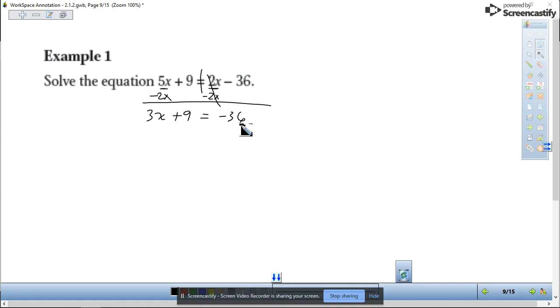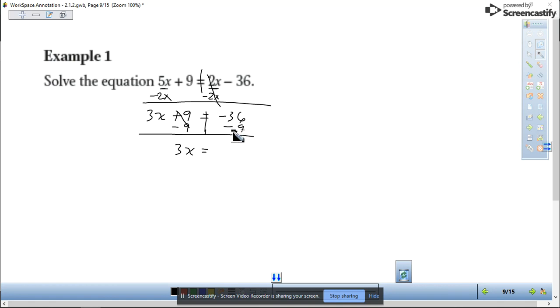Great. Now I want to get any terms that don't contain the variable x to the other side. So in this case, I want to move this 9. Again, it's a positive 9. It's added, so we want to subtract 9. I'm hoping that this will be a relatively easy lesson for most people because as long as you understand order of operations, it's not that bad. Okay, or it shouldn't be that bad.